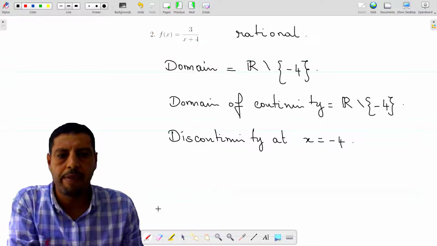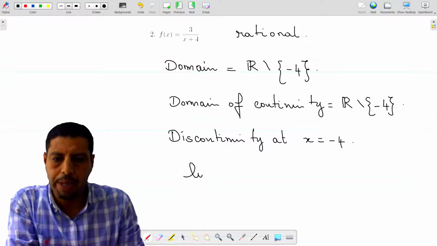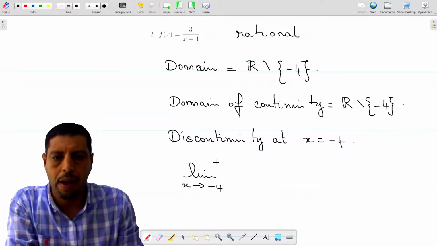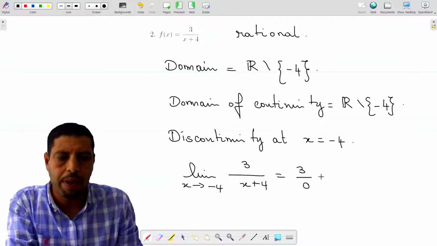To describe the behavior of the function at this point of discontinuity, we have to compute the limit as x approaches negative 4 of the function, which is 3 over x plus 4. It's equal to 3 over 0, and 3 over 0 gives plus or negative infinity, depending if it's to the left or to the right.